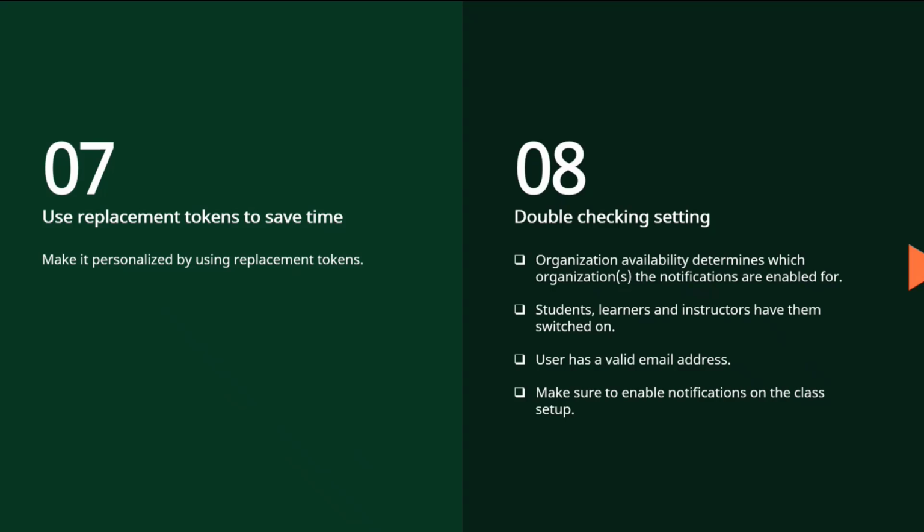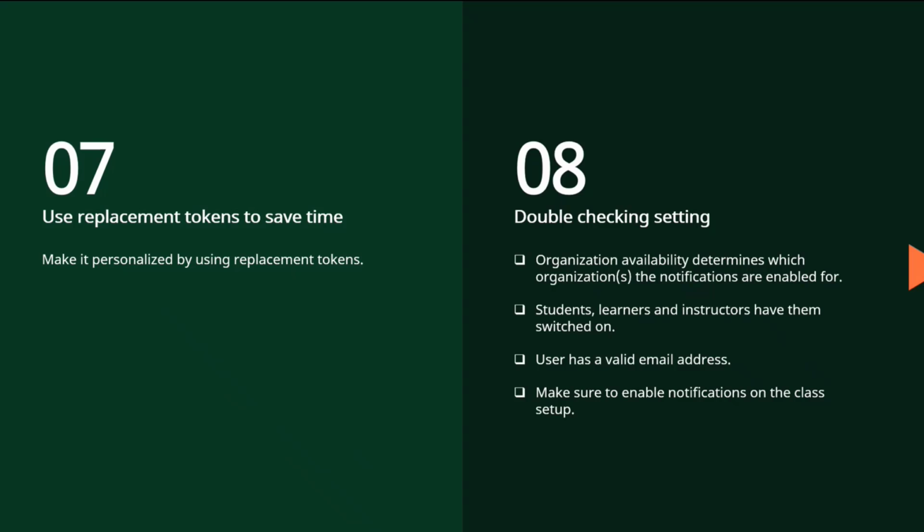And how that works, and it's really, really cool, is, for example, I would write, hello, and I'd have the student's name, your class, and I would have the student's class has been cancelled. And what you can do is those replacement tokens are going to look in the system and they're going to go, okay, what's the student name?